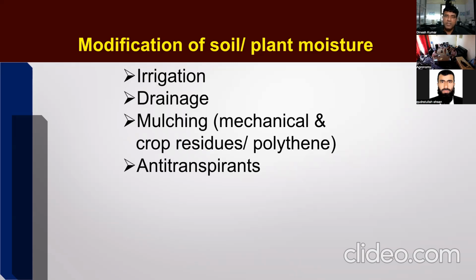Then, in case of excess water, we can go for drainage. And mulching is also important under dry land condition, where we can put mulch and it can conserve the water. Mulching will increase the water availability in soils having less water supply, less irrigation.